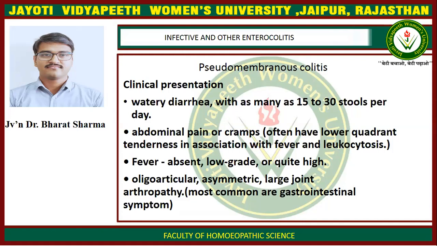Third is fever, either absent or low grade or quite high. Oligoarticular, asymmetric, large joint arthropathy is also seen in patients of pseudomembranous colitis, but most common are gastrointestinal symptoms, of which the commonest are watery diarrhea or vomiting.